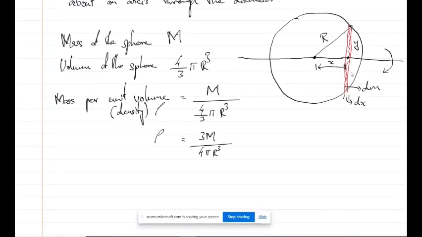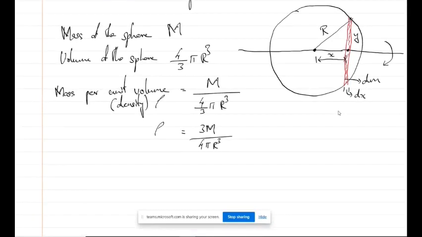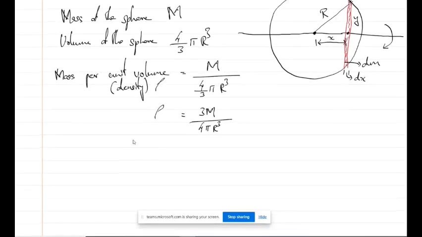You have to find this dm. Your moment of inertia is actually the integral of dm r square. So you have to find this dm, the mass of the thin disk. How do you find it?